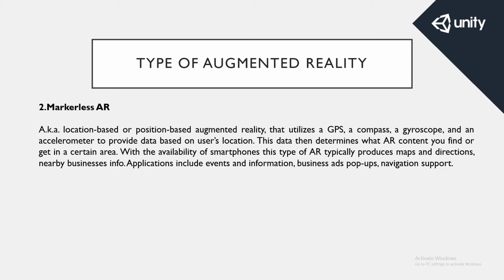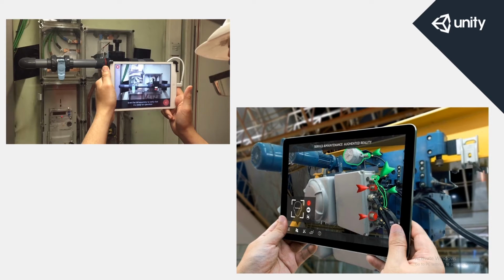For example, we walk into the mosque, and there's a Pokemon there, and when we want to catch the Pokemon, it will pop up around the area of the mosque. So that's markerless, which uses GPS. The 3D object will appear only on the coordinate that it is set to.